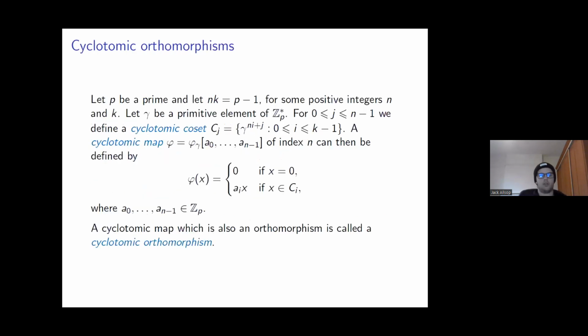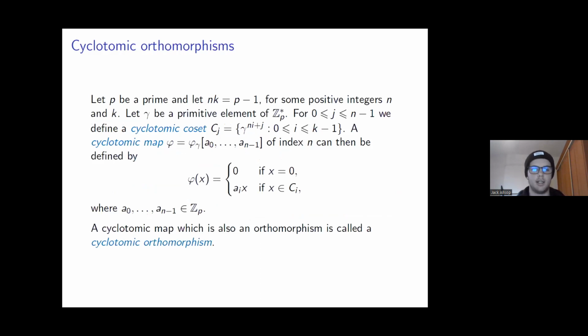And I'm going to look at a particular type of orthomorphism called cyclotomic orthomorphism. So let p be a prime and let nk equal p minus 1 for some positive integers n and k. And let gamma be a primitive element of Zp star, which is just the set of units in Zp, so it's Zp minus 0 under multiplication, and that's cyclic of order p minus 1.